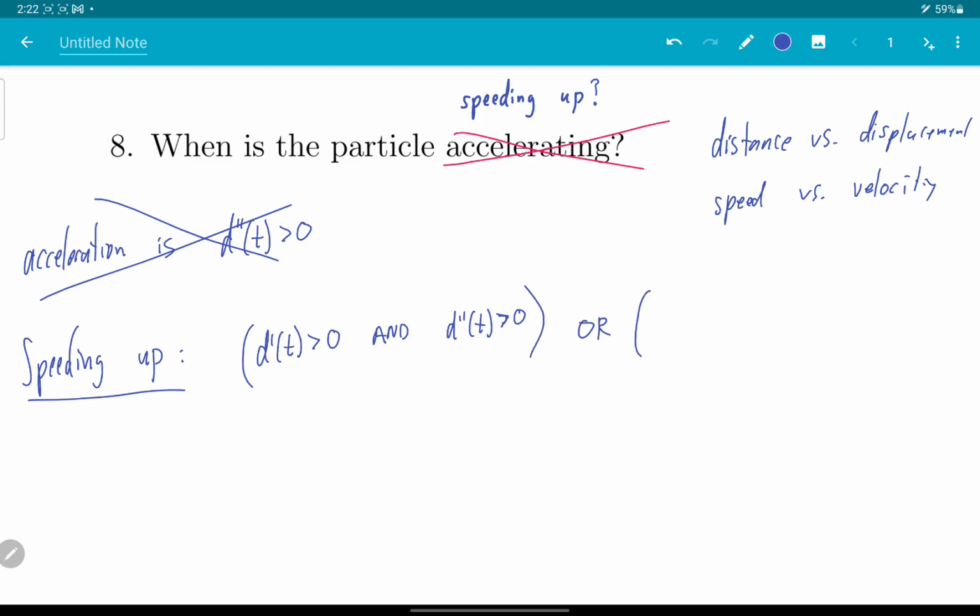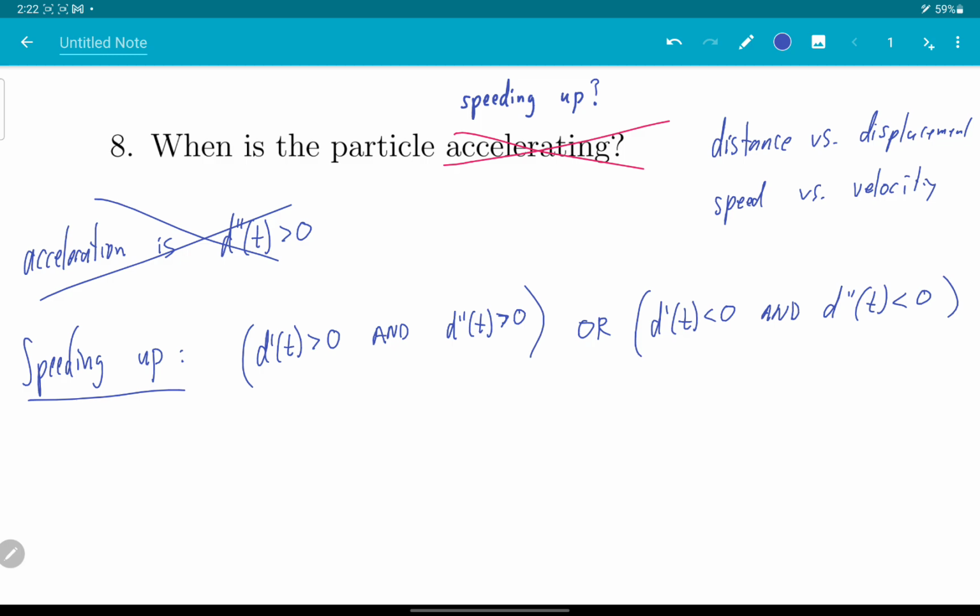Another way to speed up is to go the other way, when you're going in the negative direction and you're getting faster in that direction. Okay, so acceleration would be d double prime bigger than 0, but speeding up is more complicated.